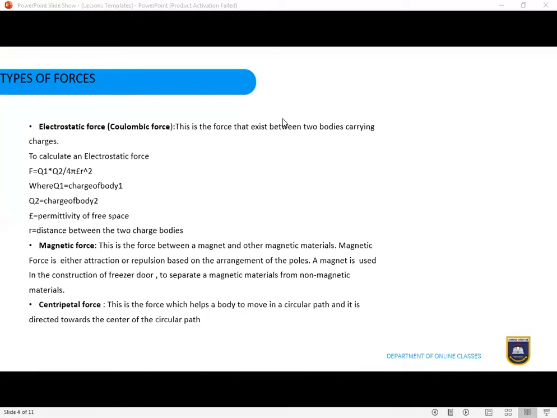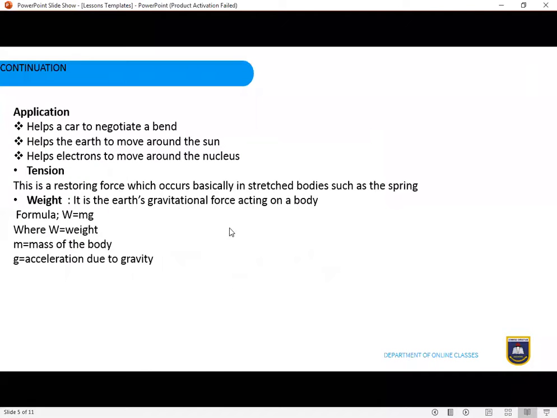Okay, then let's continue with the slide. Some applications are: it helps a car to negotiate a bend. That's one application of the centripetal force. If a car is negotiating a bend, you see that it's moving in a sort of circular form and the force is directed towards the center.